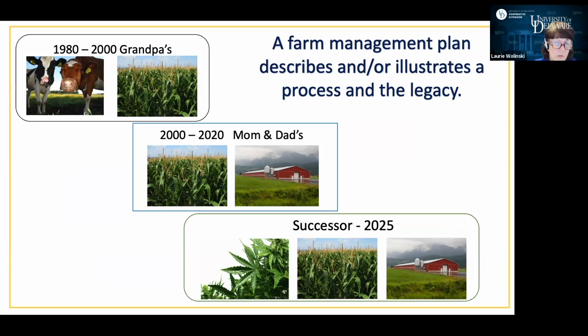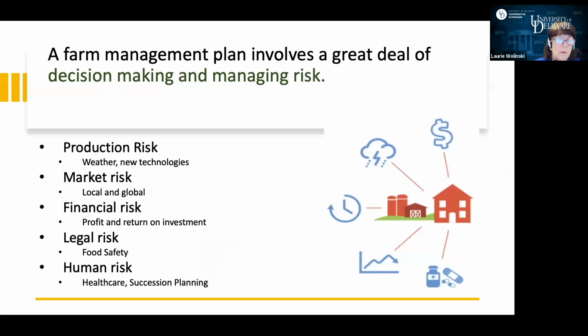And in this situation, it looks like the successor wants to add another crop of hemp. When things are in writing, it's easier to plan and remember what that plan is. And there's been a lot of risk transferred in all of these different plans too.